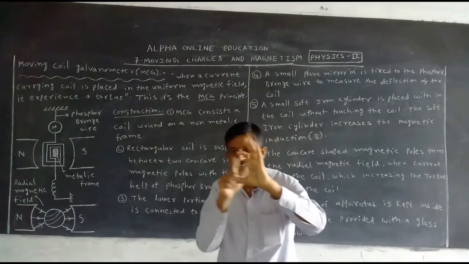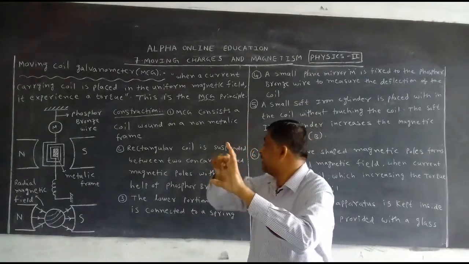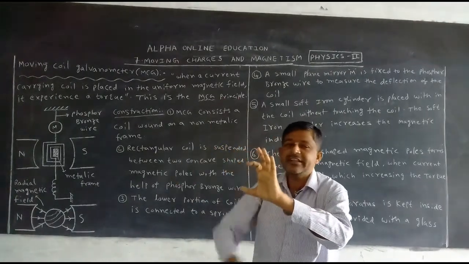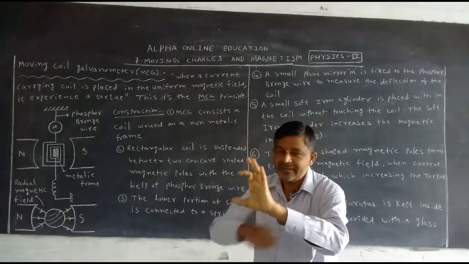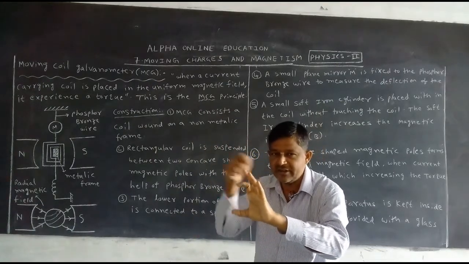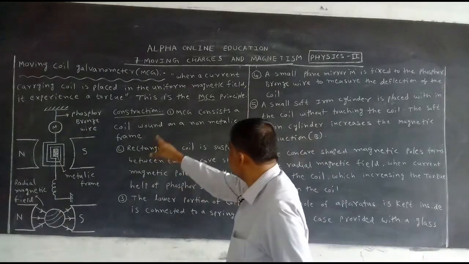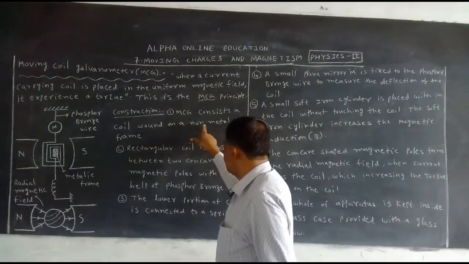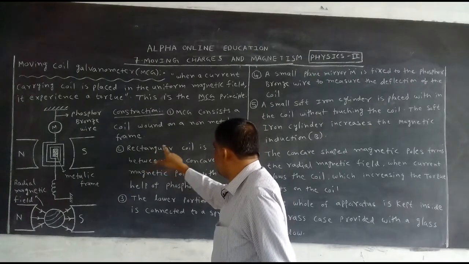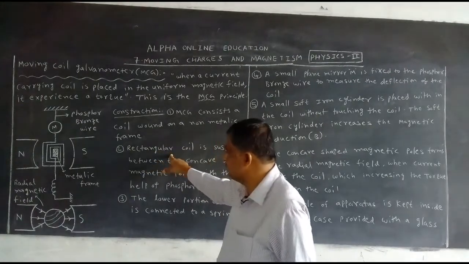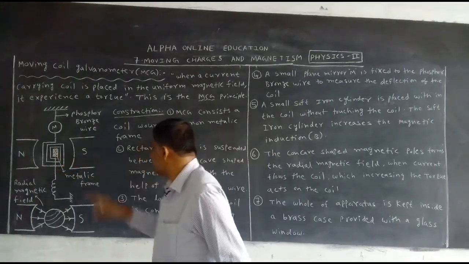On this non-metallic frame, we take the coil, meaning we take a number of turns of the coil. The frame is in the form of a rectangular shape.